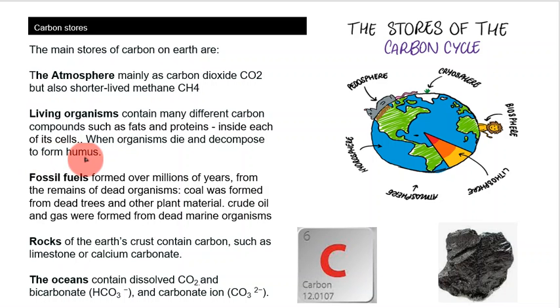Living organisms are a huge carbon store, which we refer to as the biosphere: all of the living organisms in the environment. Carbon is a very important element that makes up all of the different proteins and fats in that organism. They're full of carbon. So again, living organisms are a store of carbon.